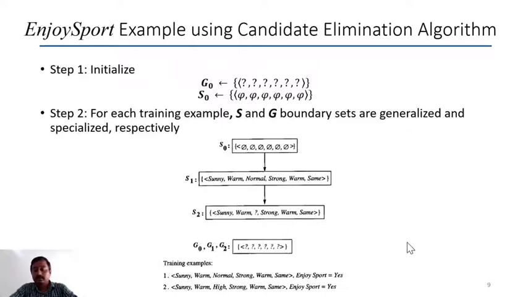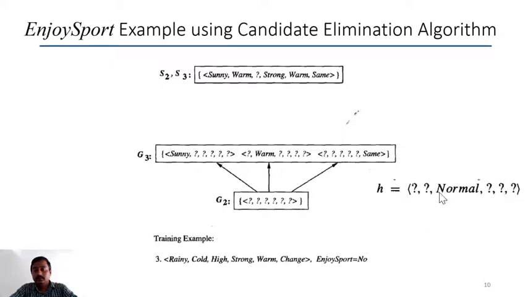If we add this hypothesis, it will classify that training example as the negative one. By version space, we mean all the hypotheses in the version space should be consistent with all the training examples. That's why we can't add this hypothesis here. So G2 will become G3 now.